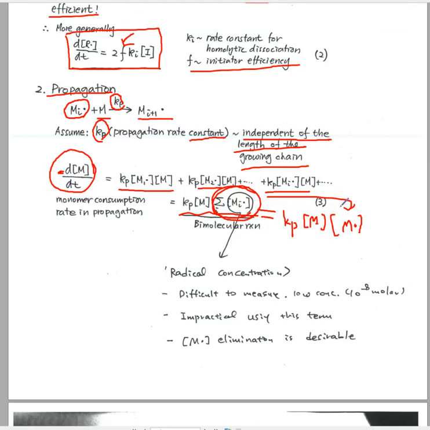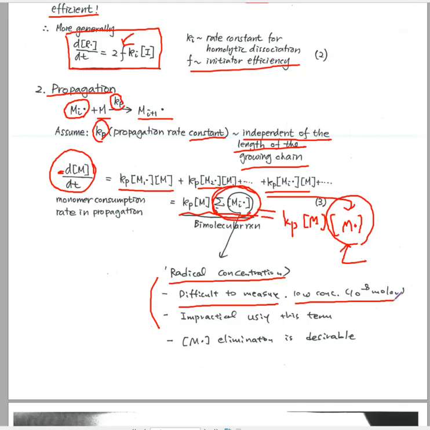This propagation step is the major step at which the long chain polymers are formed. So the rate of propagation is actually the rate of polymerization in this free radical polymerization process. But the problem is that we need to know the concentration of the radicals inside the reactor. As shown here, radical concentration is very difficult to measure, and during free radical polymerization the radical concentration is really low.